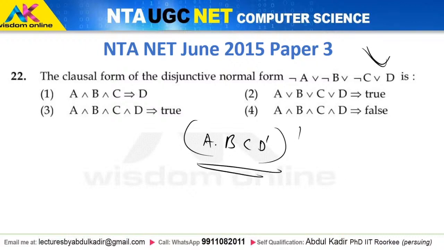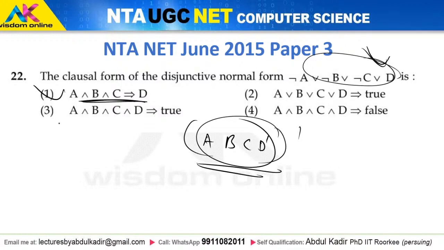This given formula will be true when this is false, when A, B, C, D dash is false. So the answer for this will be option A.